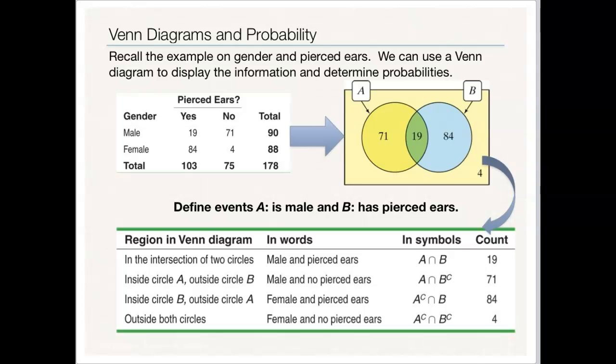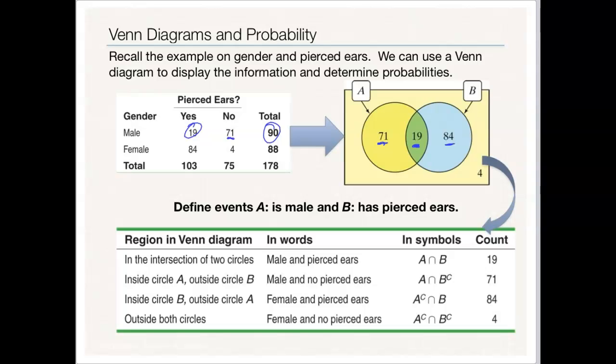So the yellow circle represents event A and the blue circle represents event B. If we look at the overlap between those, the 19, those are males with pierced ears, so they're going to be in the intersection. And then outside of the circle would be just males without pierced ears, so that's the 71. You can see that the total inside event A is 90 if you add the 71 to the 19.